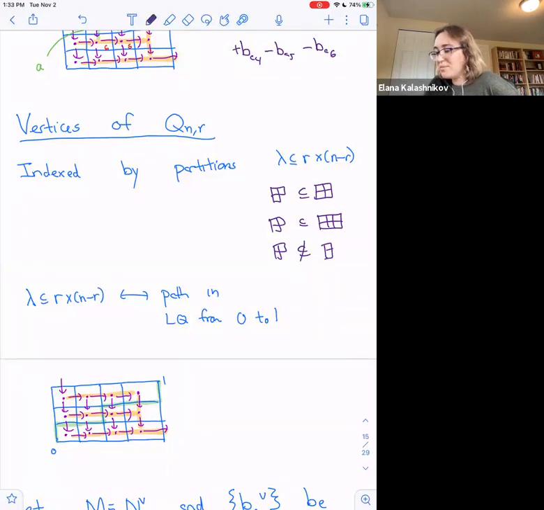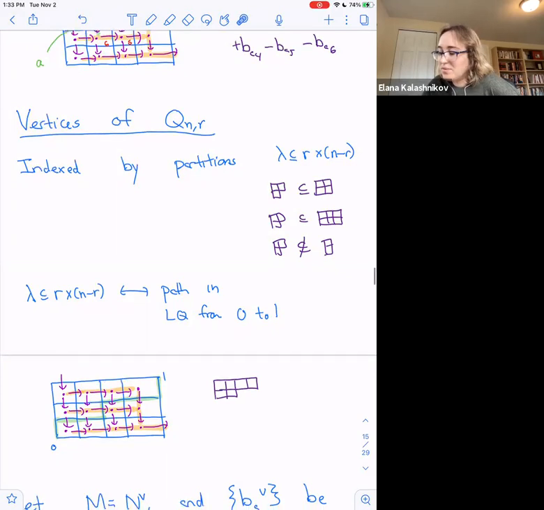That is, of course, going to be a partition that fits in the right size box. In this particular case, the partition would be (4,2). I'm going to talk about paths between 0 and 1 and partitions completely interchangeably because they're the same things. So that's how you go from partitions to paths.